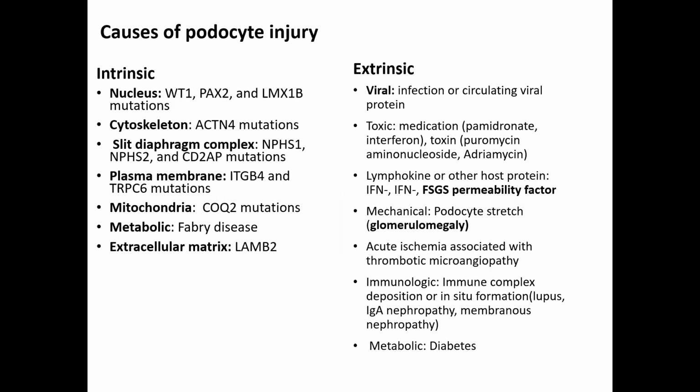Mutations can happen in any of the molecules I described, starting from WT1, PAX2, LMX1B mutations, cytoskeletal structures like actinin 4 mutation, slit diaphragm complex NPHS1, NPHS2, CD2AP mutations, and plasma membrane molecules. These are some of the molecules involved in the genetic causes of podocyte injury.